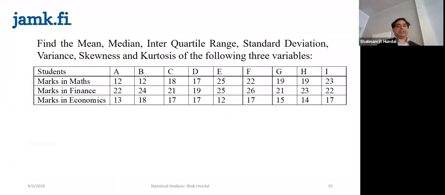So you take this data, marks in maths, finance, economics, and you are supposed to calculate mean, median. You can ignore quartile range for some time. If you can do it, it's great. If you can do it, it's wonderful. But if you can't do it, it's not a crime against humanity. Basically, I can spend some time right now. So you will do it.